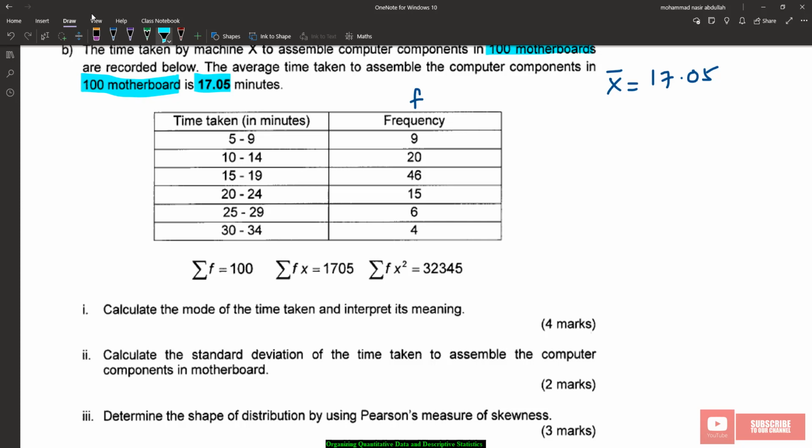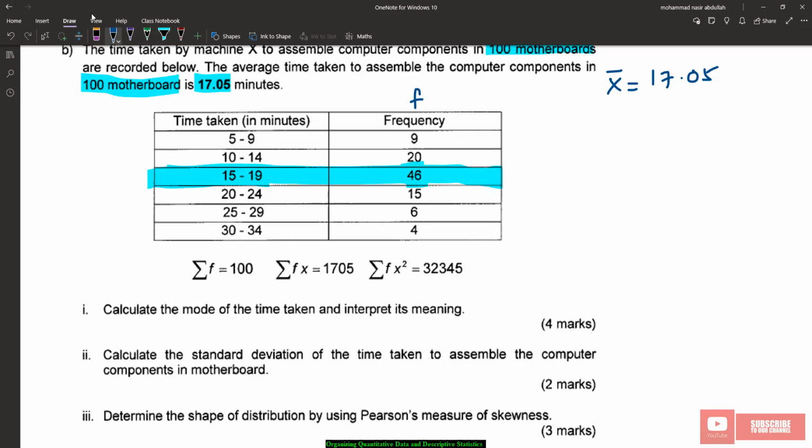So based on this table, which class has the highest frequency? 46, right? This is the highest value of frequency, and this is the modal class. We highlight the modal class.